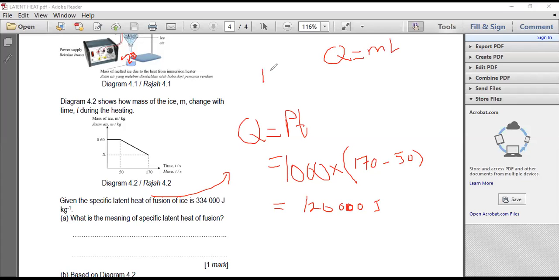The Q is 120,000, the mass we don't know, and the value is 334,000. So you can find the value of m by dividing by 334,000, and you get 0.36.